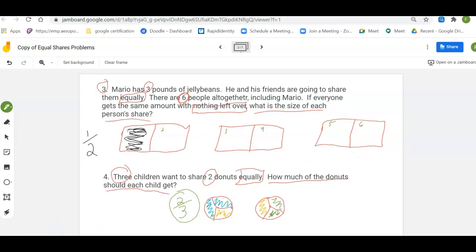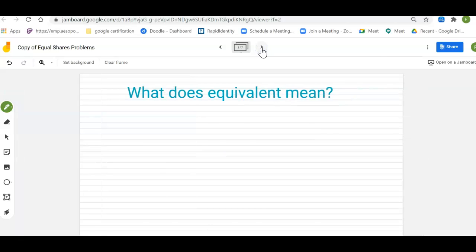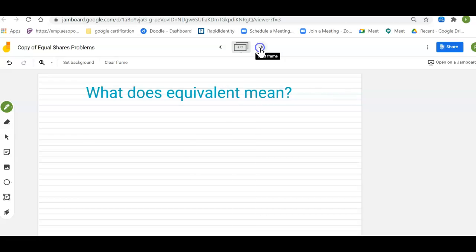Okay. Remember, you can pause the video as often as you like as we go along. If you need to listen again, then feel free to rewind your video. So we've gone through this one. Also on the Jamboard, there's a couple more. What does equivalent mean? I want you to go back to the definitions that you wrote in your notebook, and put your answer in here for that one.